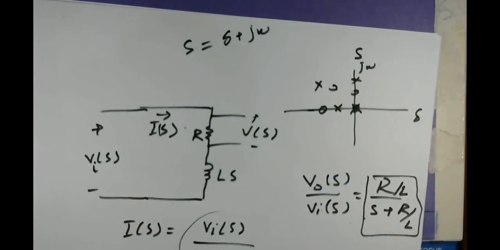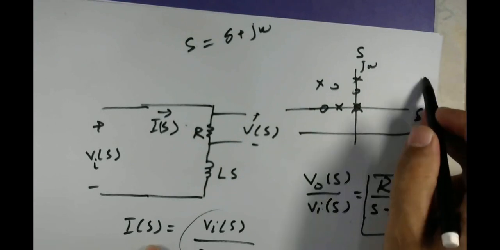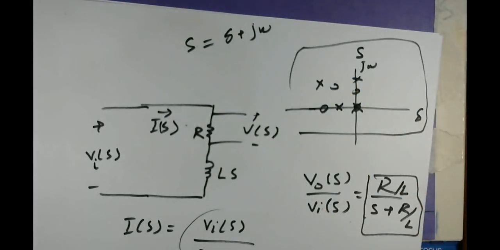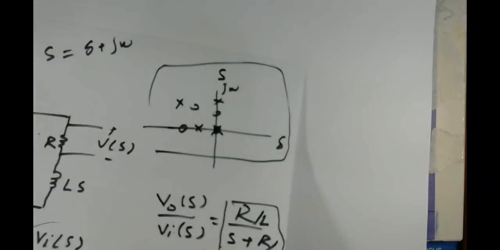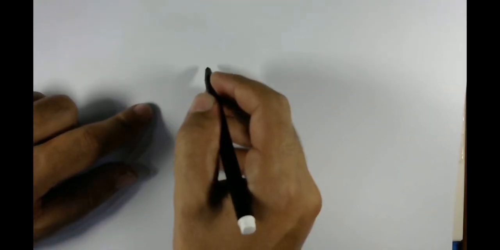So this is the end of chapter 14. What we learned in chapter 14 is the application of the Laplace transform to circuit analysis. First we did a simple example. We tried to solve a simple circuit in the time domain.